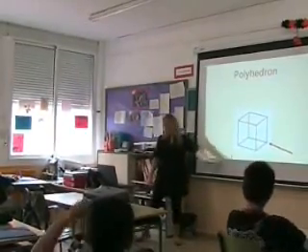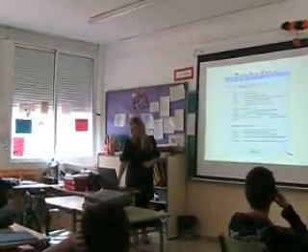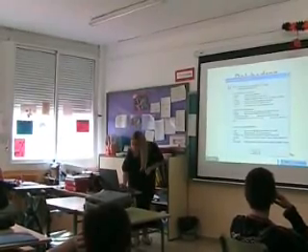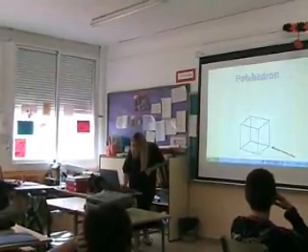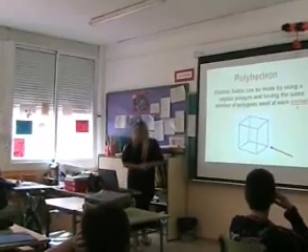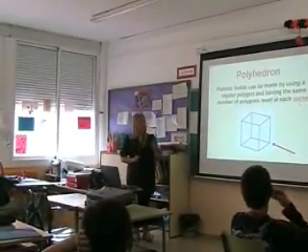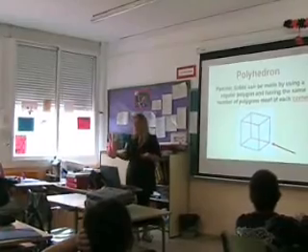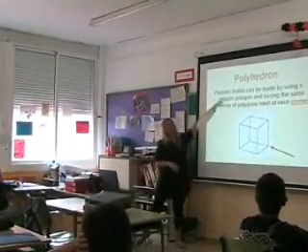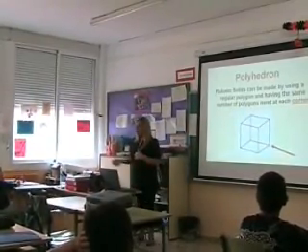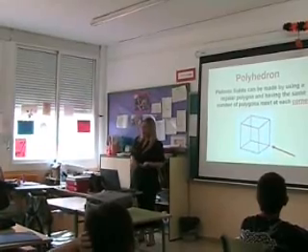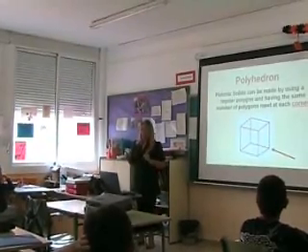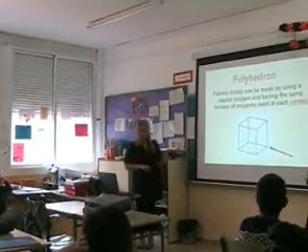So here we're looking at a 3D shape. So polyhedra are 3D shapes. And platonic solids are 3D shapes made with regular polygons. So not irregular, they're all regular.